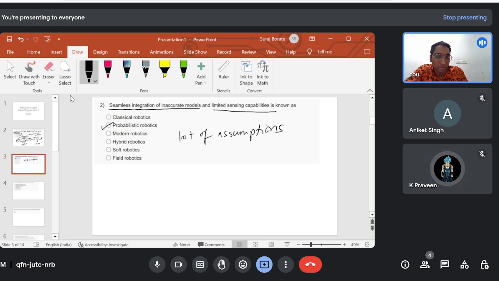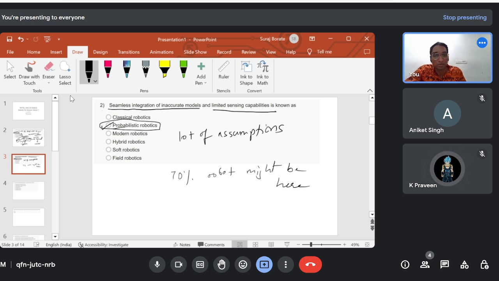You don't have the exact information, so you are uncertain. You say there is a 70% chance that the robot might be here, so we have to work with probabilistic robotics.